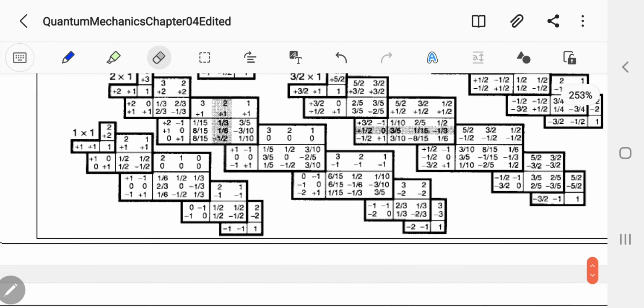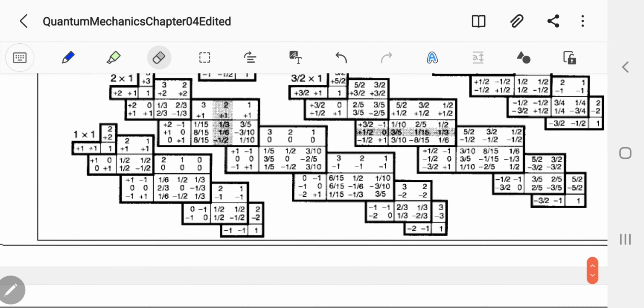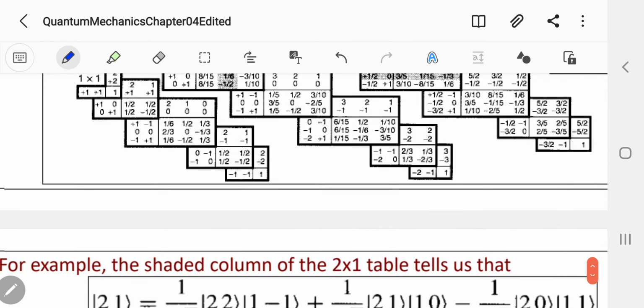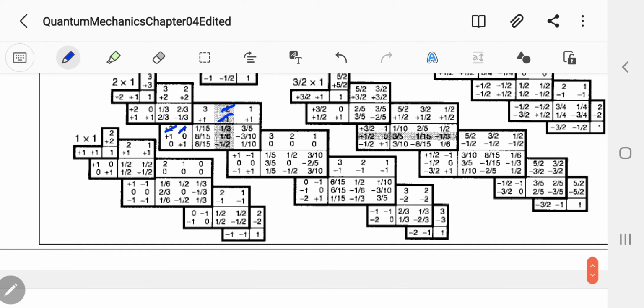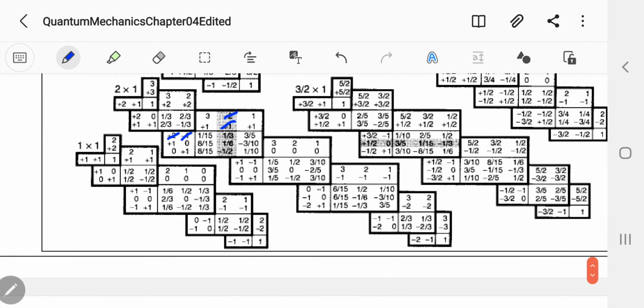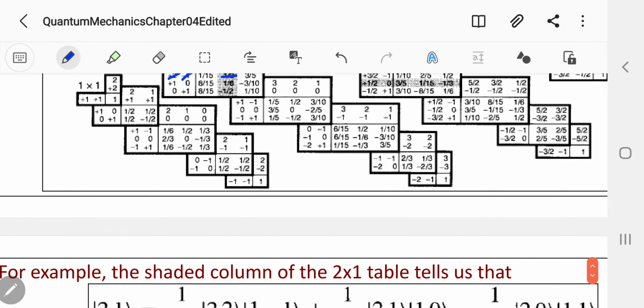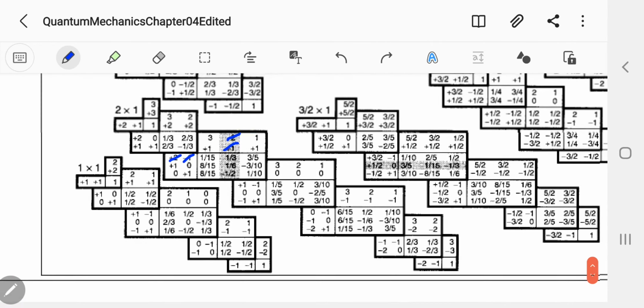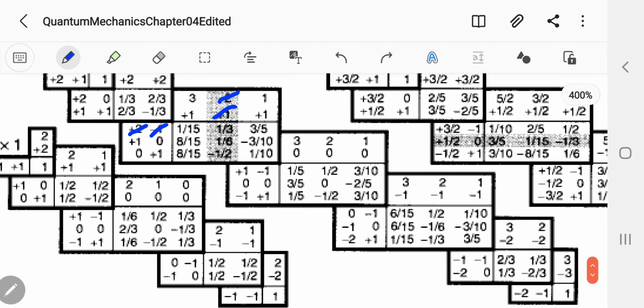We have 2 1 and 1 negative 1. There is a probability of 1/3. So here it's written 1/3, but it should be a square root. This one should have a square root of 3.